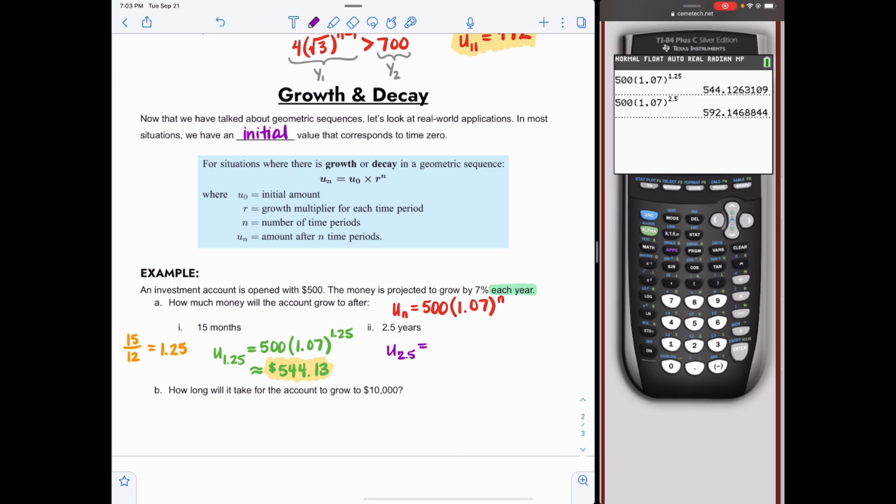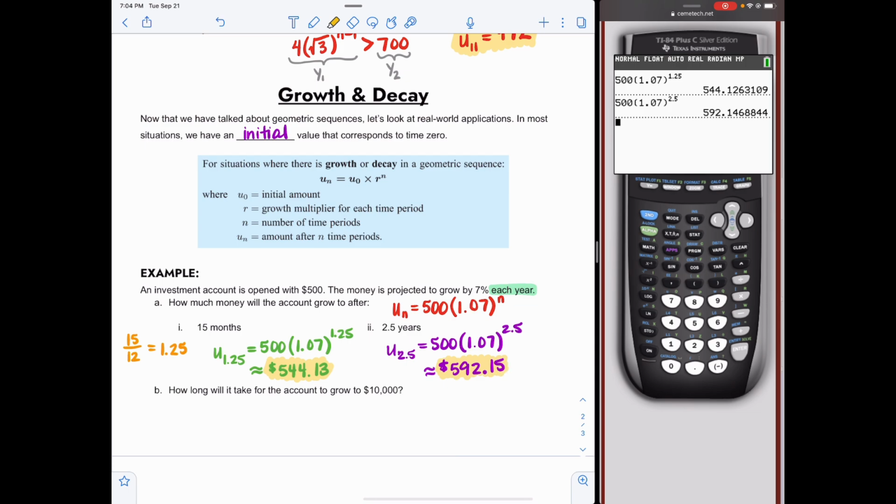So we have u sub 2.5, which is equal to 500 times 1.07 to the power of 2.5, which we see is approximately $592.15. So that is our answer there.